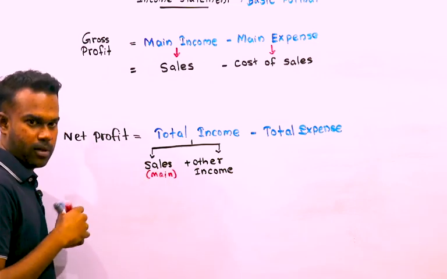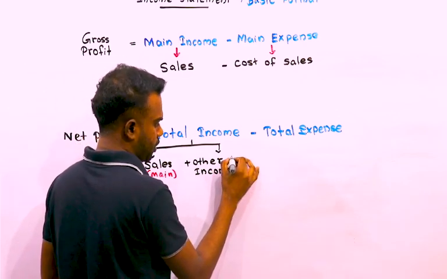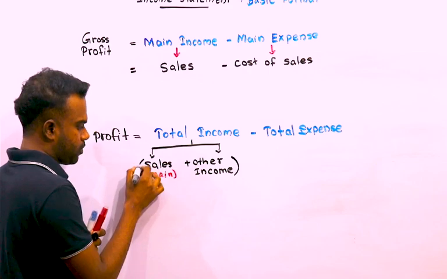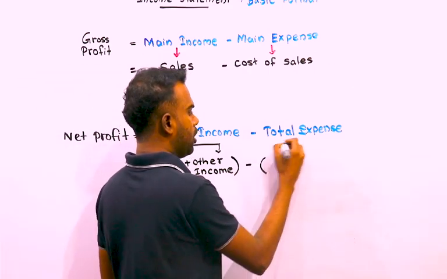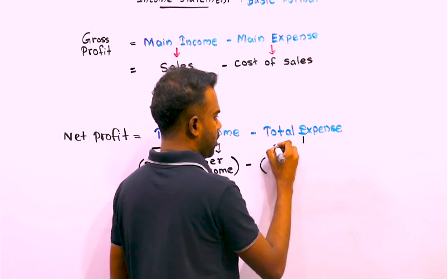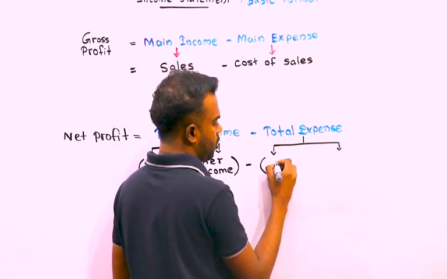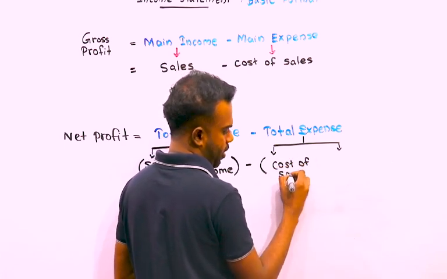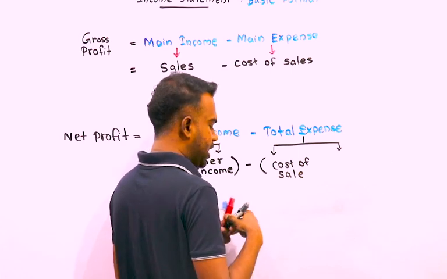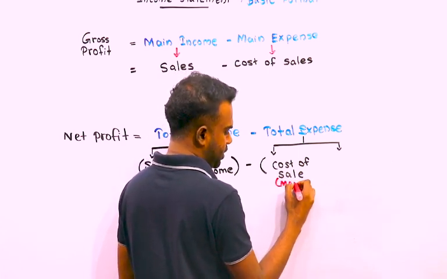Understood? Therefore, I'll put brackets here. I'll put minus here. Then total expenses. Total expense includes actually two parts. Cost of sales, which means main expense.